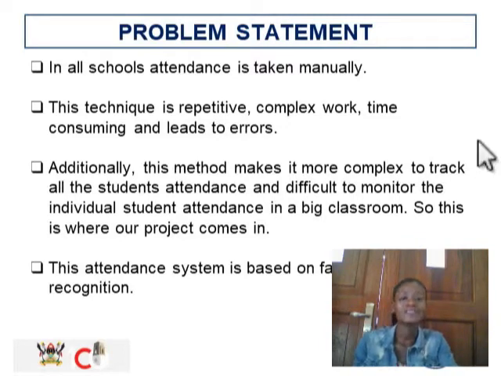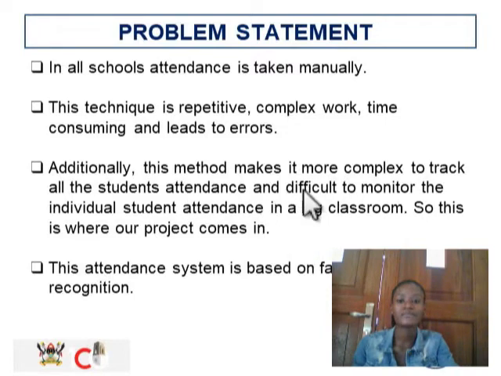So it's really complex work and it's time consuming. It consumes a lot of time, and at times it leads to errors. How? In most cases, students that are present in class tend to register those who are absent. So it leads to errors in that way.